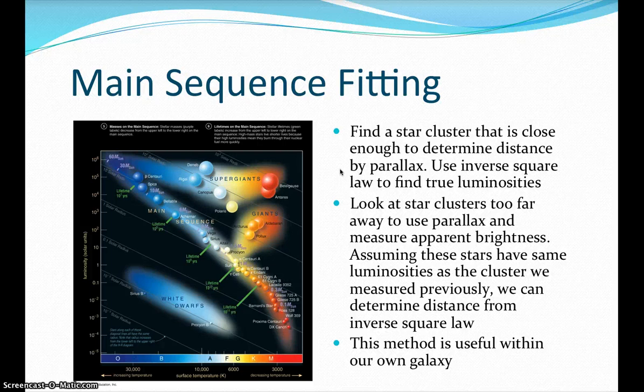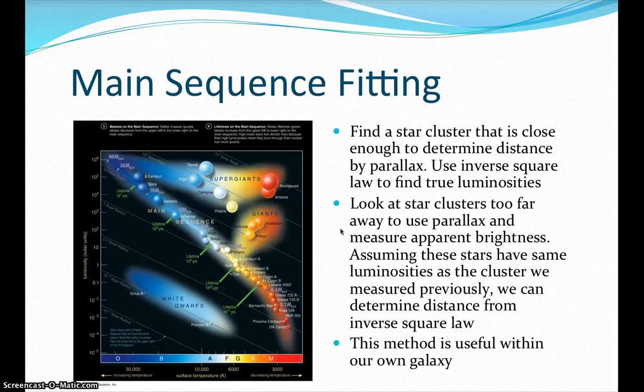We can find the distance using parallax if they're close enough, and then we can use the relationship between brightness, luminosity, and distance to find the distance to that star cluster. Once we know that, we'll know the luminosities of all of the stars in the star cluster, and so we can put it on this HR diagram.